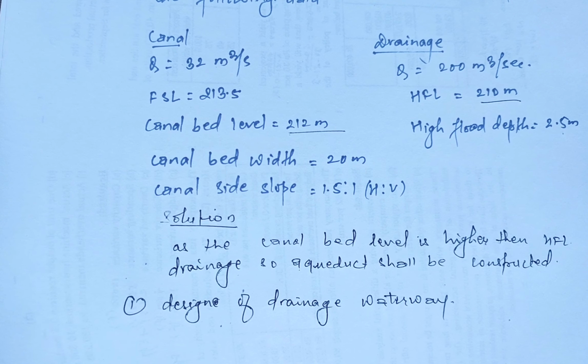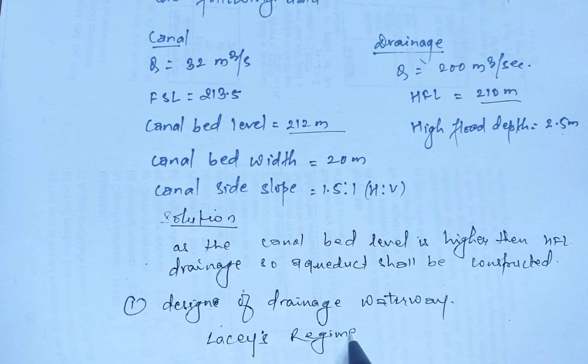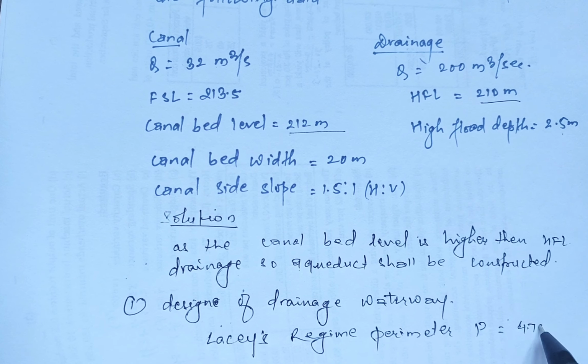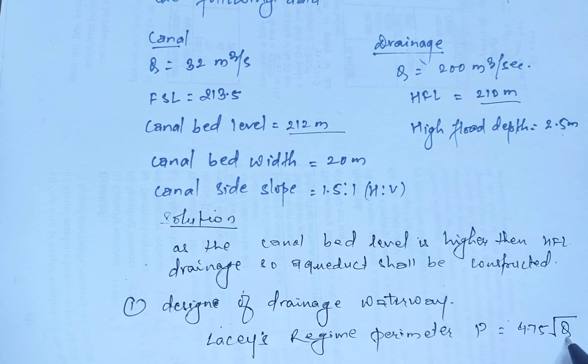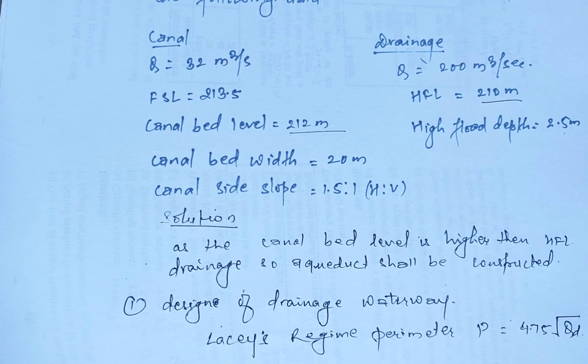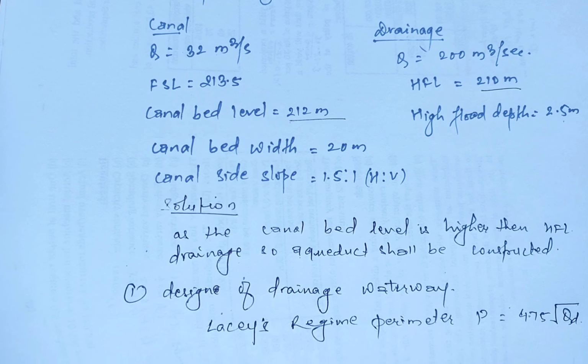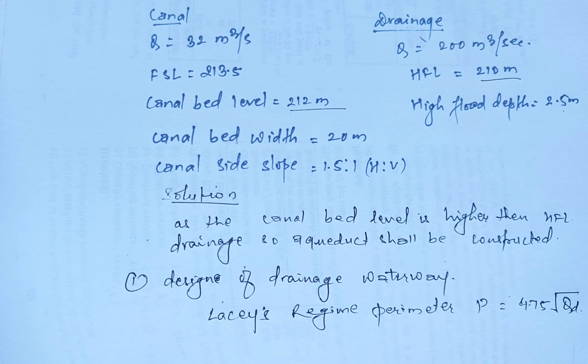Using the Lacey-Rezimi theorem, that is P equals 4.75 root over QD, where QD is the discharge of the drainage, as we have to pass the drainage discharge under the canal in this case.